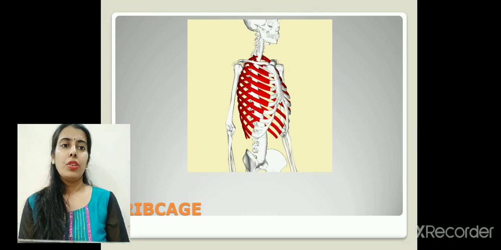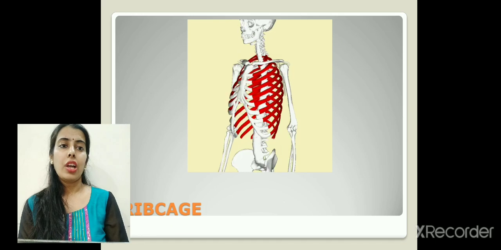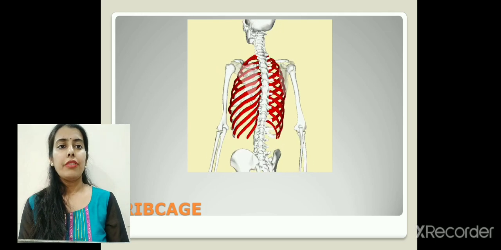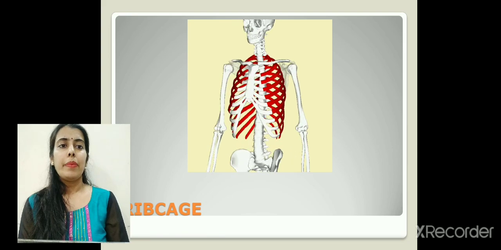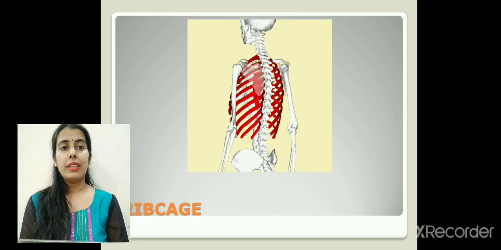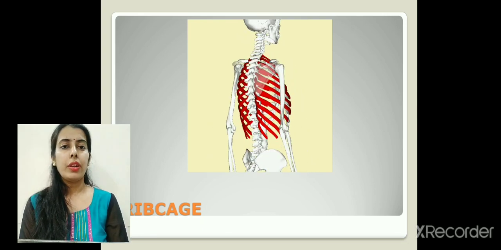So you can see that at the end, 2 ribs are attached only to the backbone, not to the front. In the front you can see there is a breastbone to which the other ribs are joined, but these last two are not joined in the front, so they are called floating ribs.